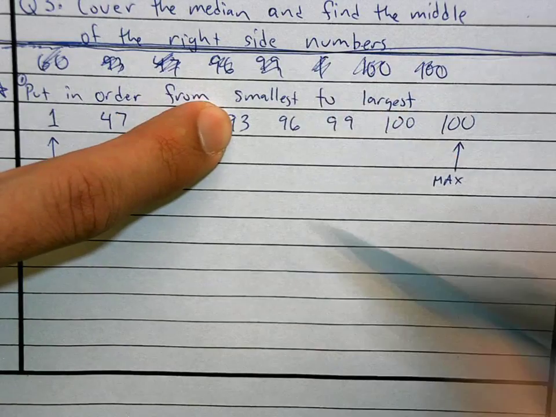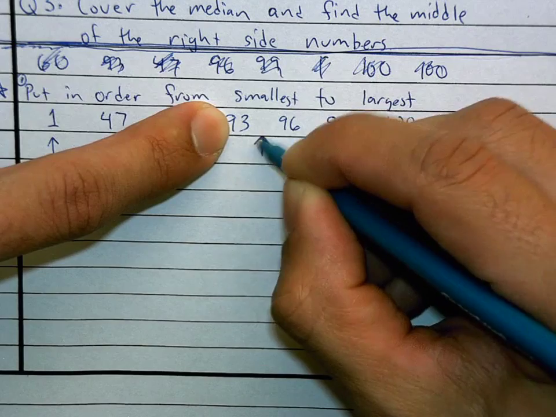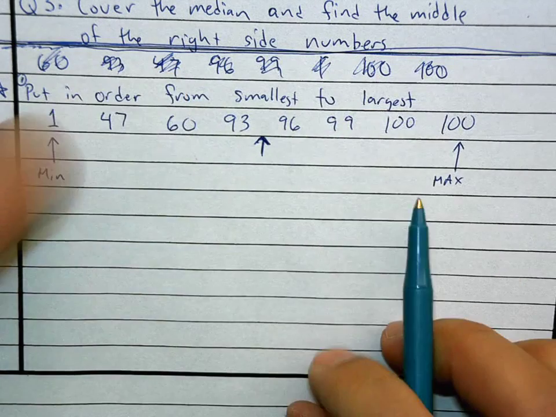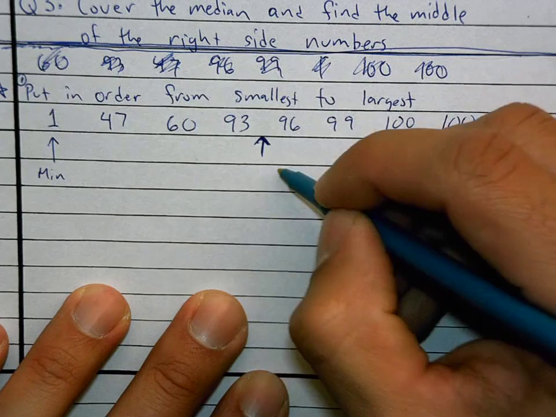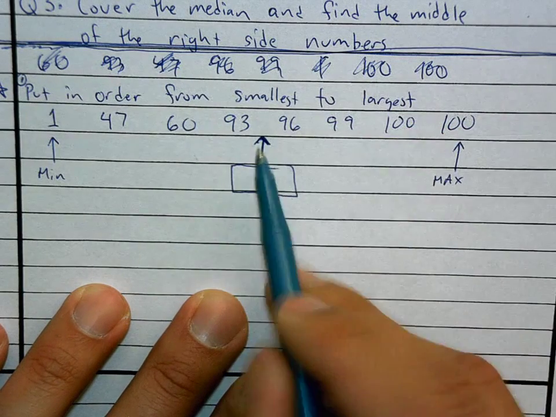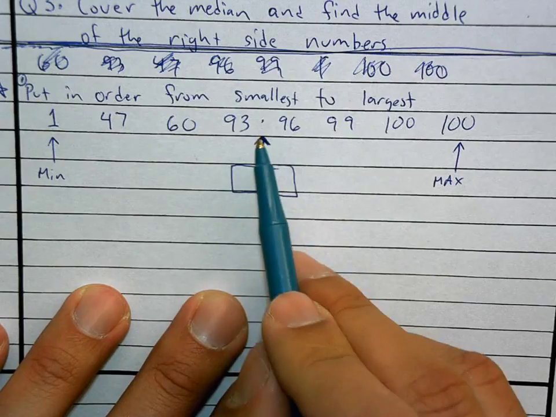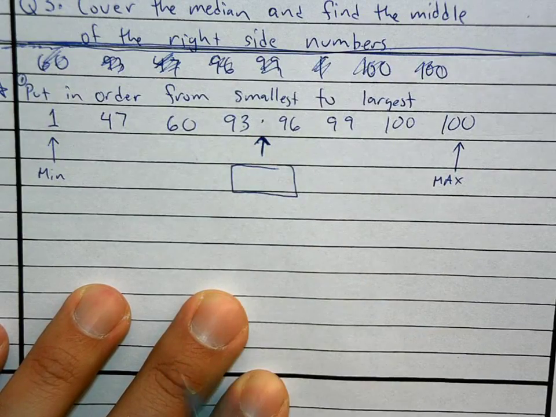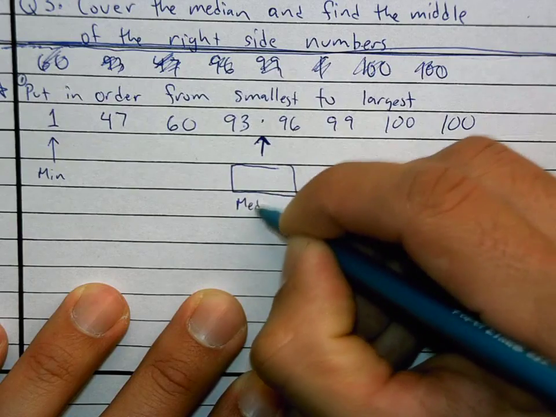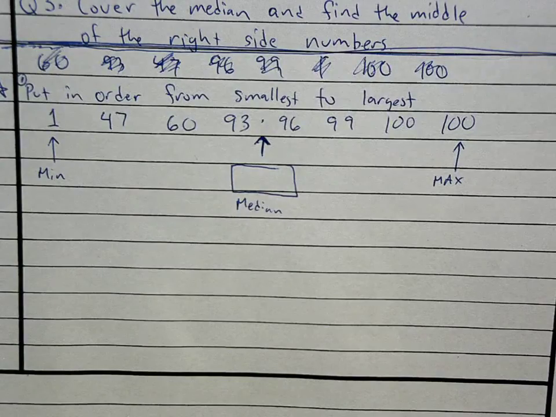I need to know what the median is, and it's right here in between these two things. Now, there isn't an even number there, is there? So, how do I find the median between 93 and 96? I have to find the average of the 93 and the 96.